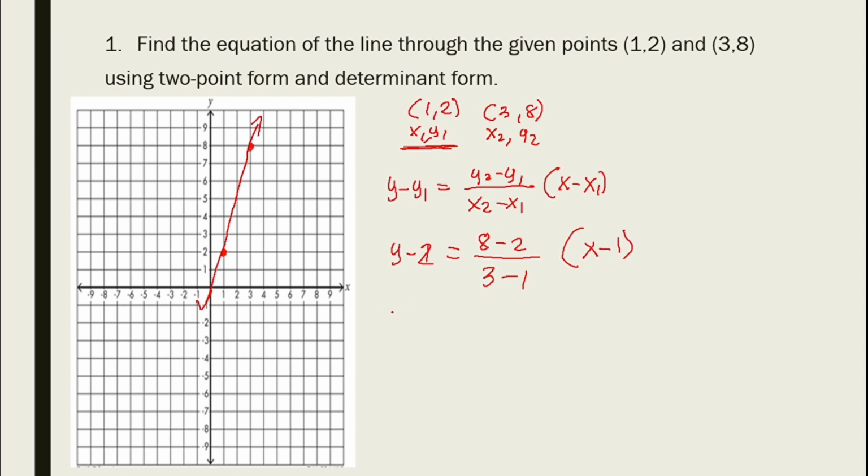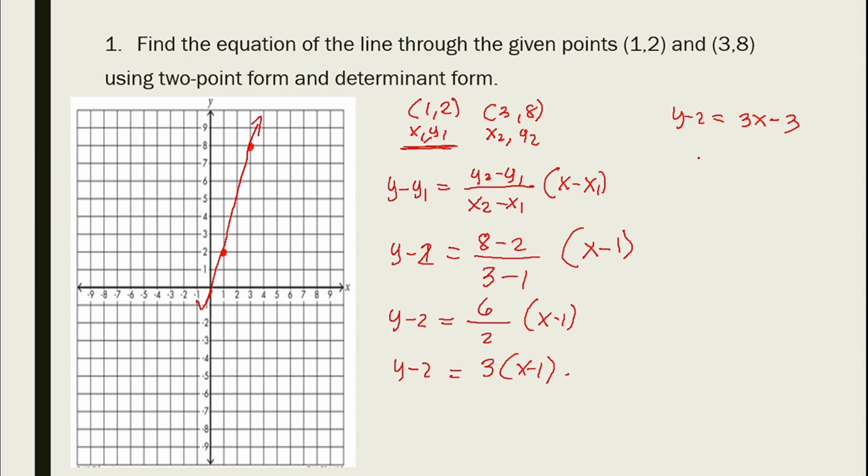Okay, so y minus 2 is equal to 6 over 2, times x minus 1. Simplifying, we have y minus 2 is equal to 3 times x minus 1. If we distribute this, y minus 2 is equal to 3x minus 3.